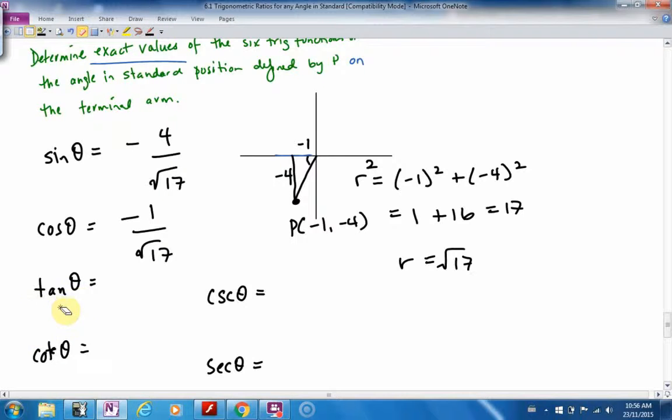Greg? 4. Is +4. Very good. Then we're into the reciprocal trig functions. We just have to reciprocal them. So we get 1 over 4. We get -root 17 over 4. And then secant is the one that's -root 17. Okay? Try some of the 6.1 questions tonight.